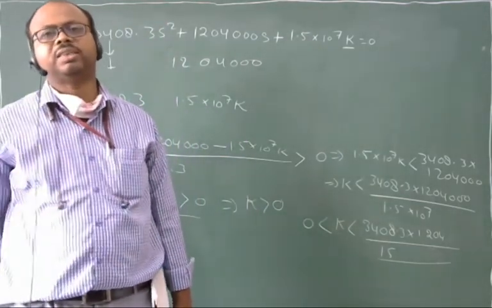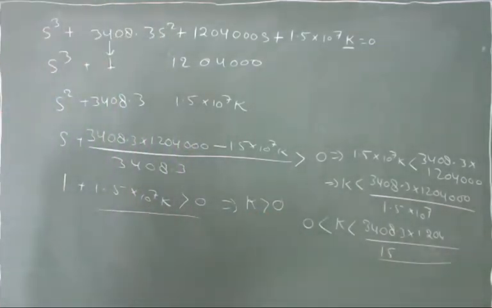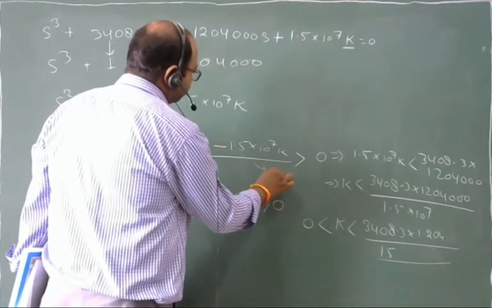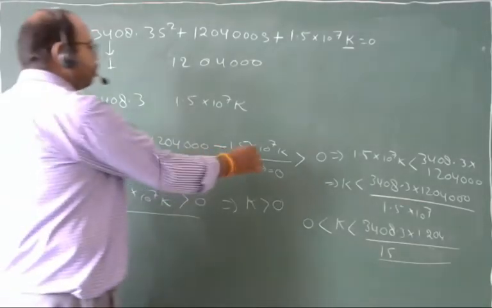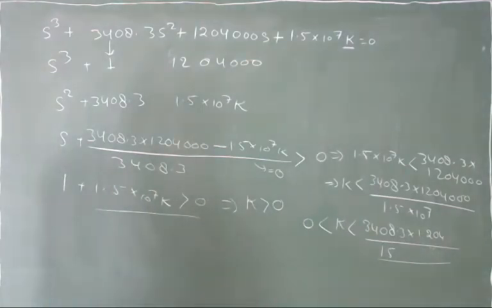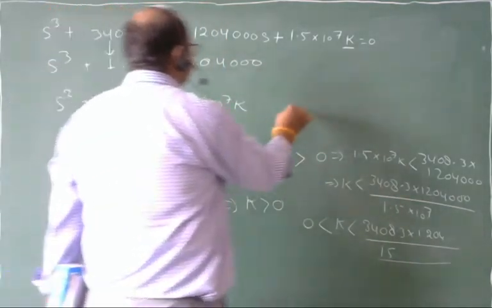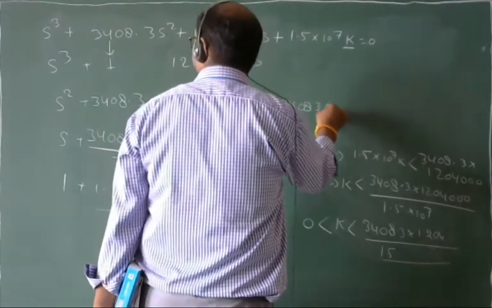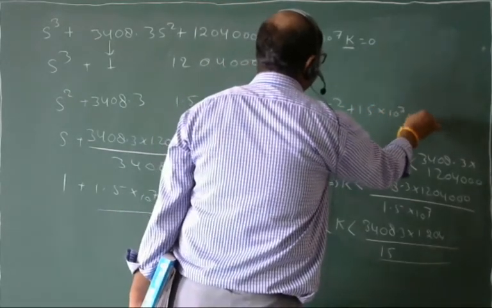And for that case, we will consider the second row and make this value 0. On this value of k, we will make the auxiliary equation 3408.3 s square plus 1.5 into 10 raised to 7 k is equal to 0.